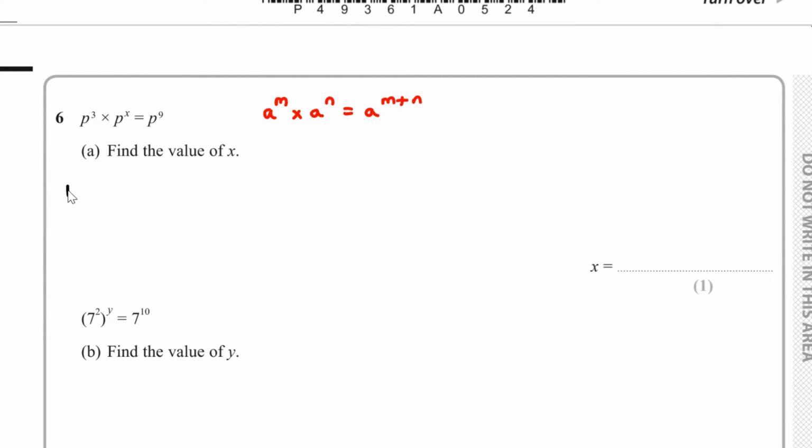So here we've got p to the power of 3 plus x equals p to the power of 9. Now comparing the powers, we've got 3 plus x equals 9, and therefore x equals 6.